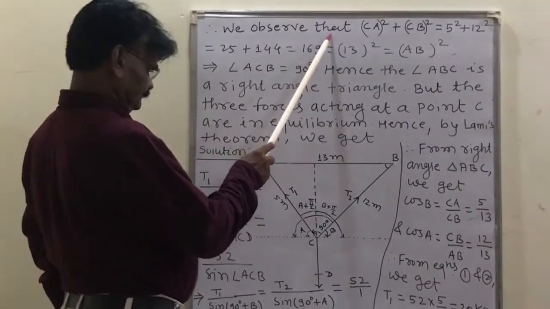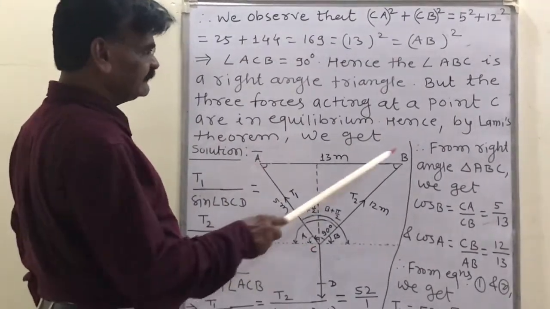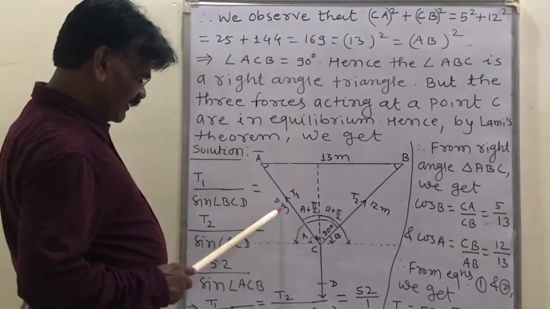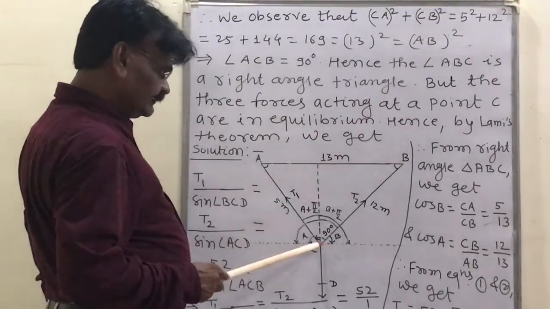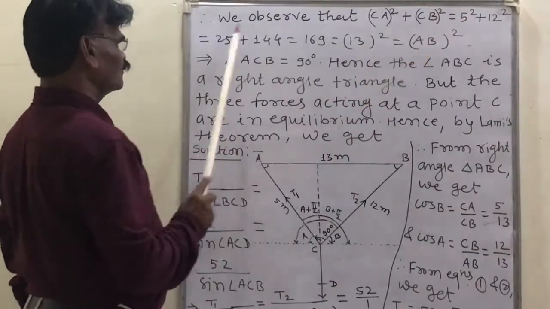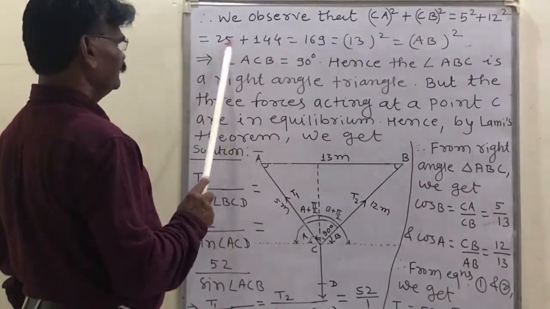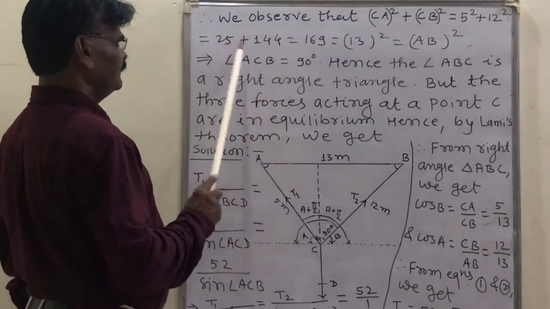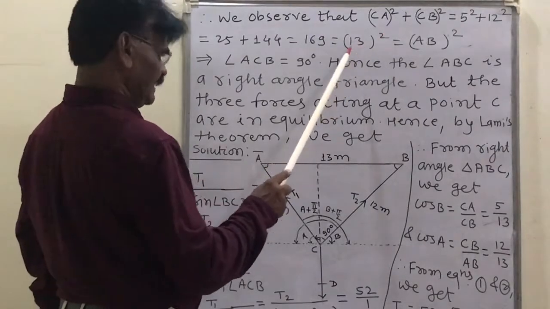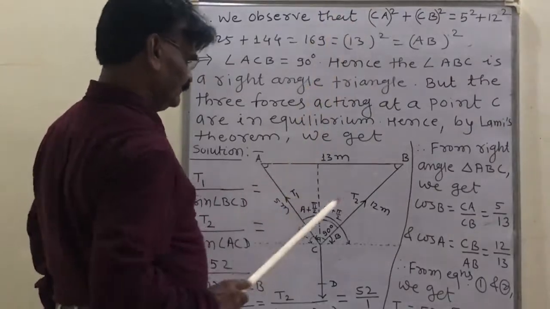We observe that CA square plus CB square, which means 5 square plus 12 square. 5 square is 25, 12 square is 144, and 25 plus 144 is 169, which is the perfect square of 13, and AB is 13 meter.